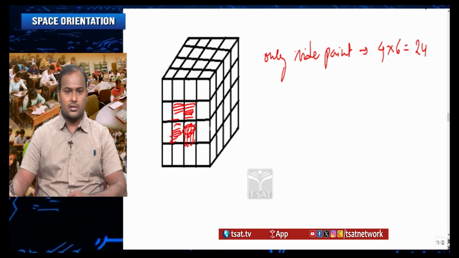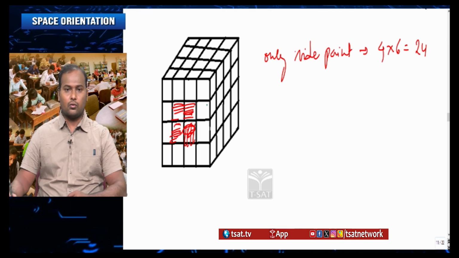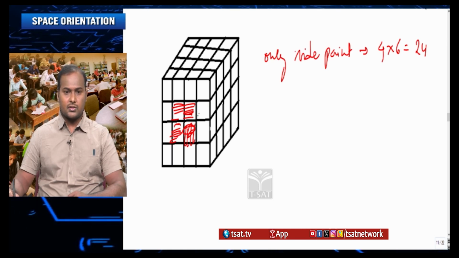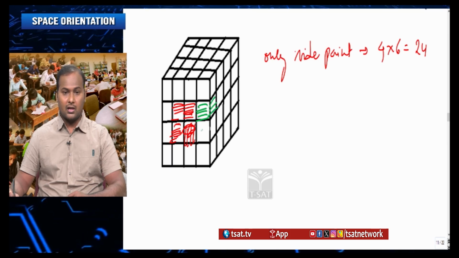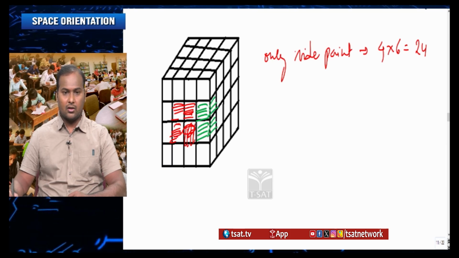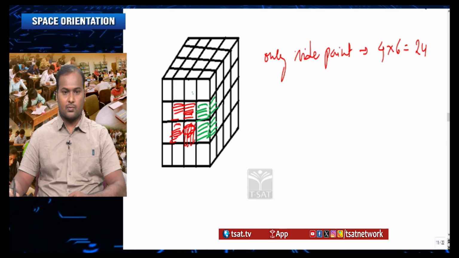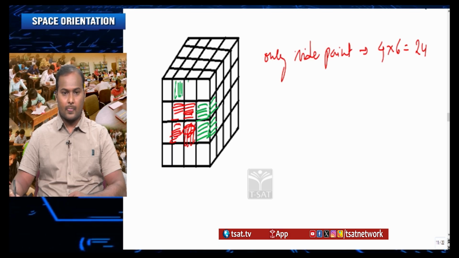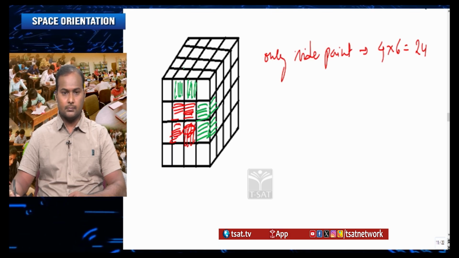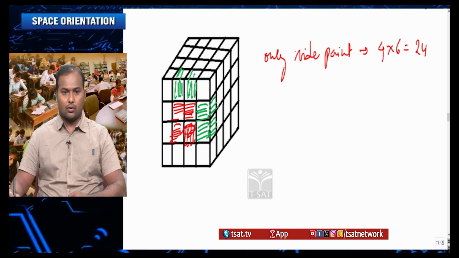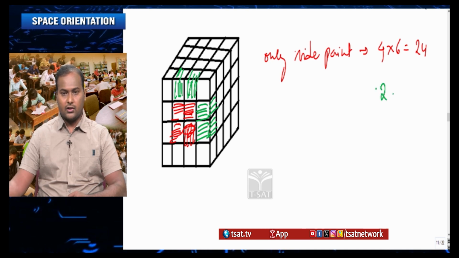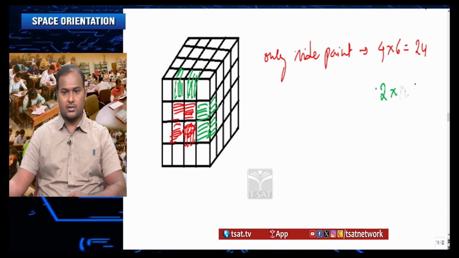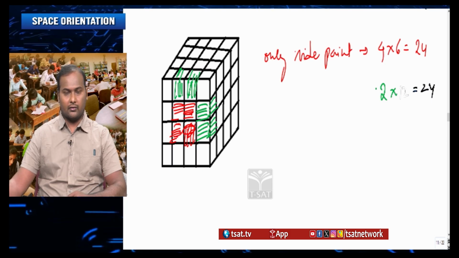The next question is, how many small cubes with two side paint? Two side paint is always possible only on the edges. Per edge 2, and total 12 edges. 12 times 2 is 24.